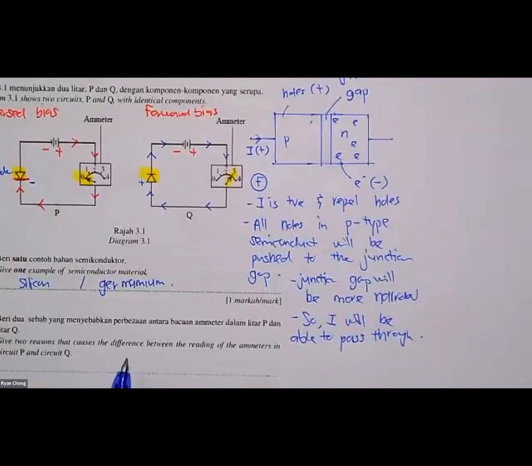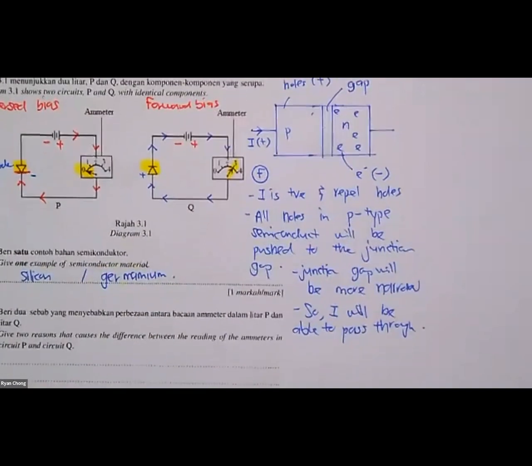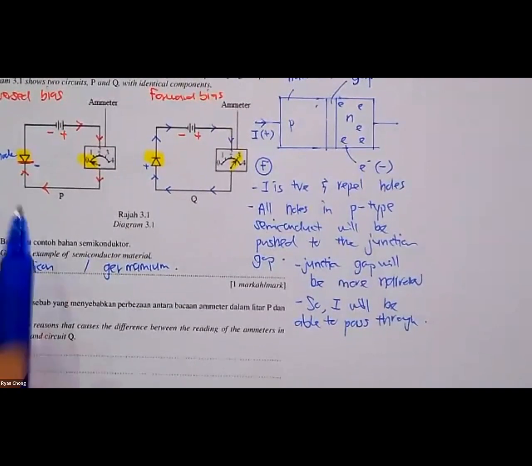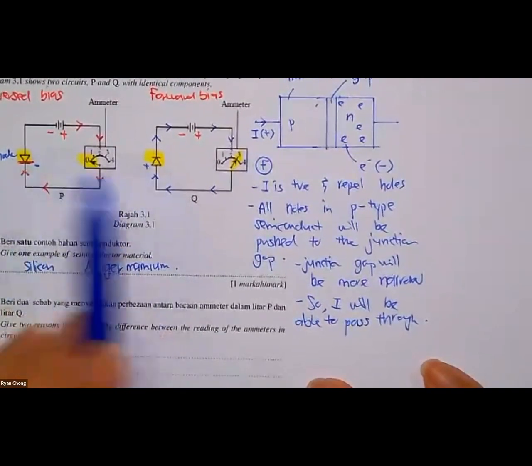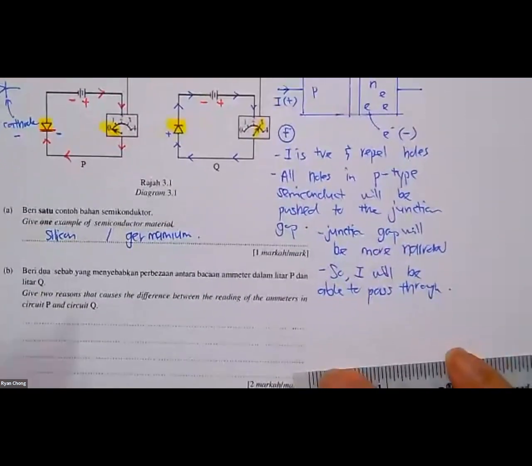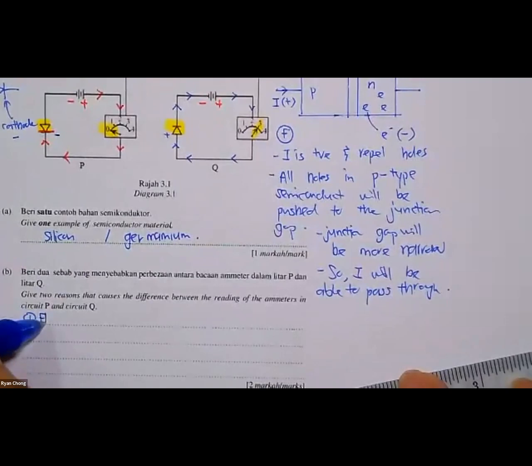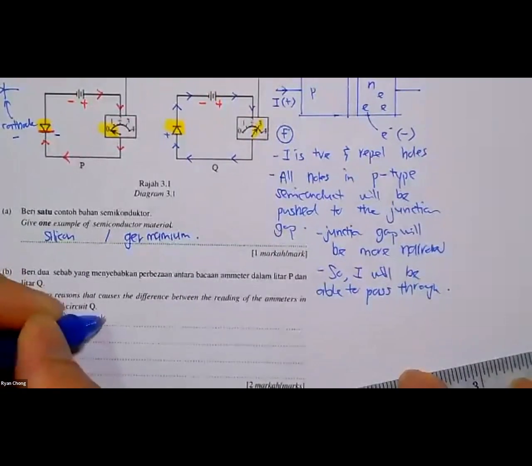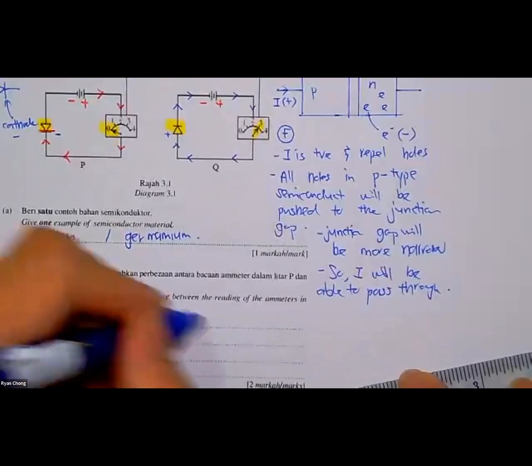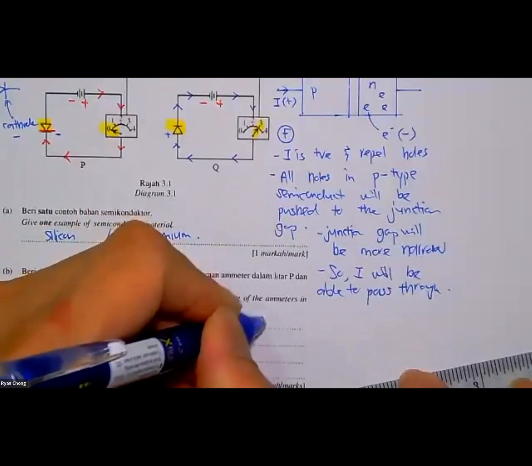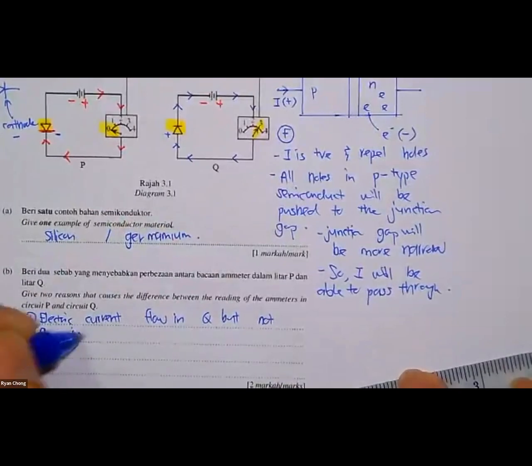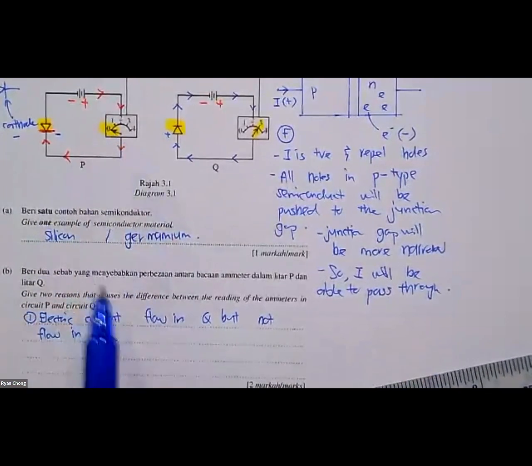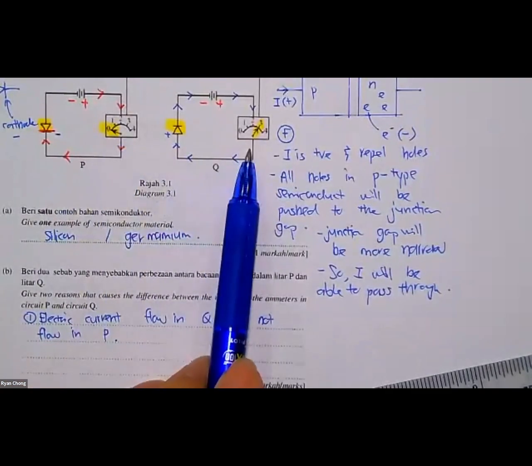Give two reasons that cause the difference between the reading of the ammeter in circuit P and Q. So why do they have different readings, 0 and 3? First thing, electric current flows in Q, but not in P. Because they ask about why the ammeters are different, you have to tell that this one has no current flow, this one has current flow.